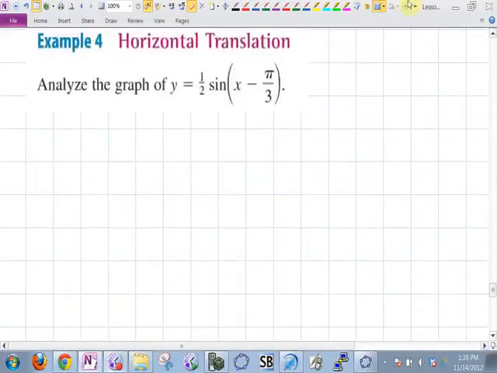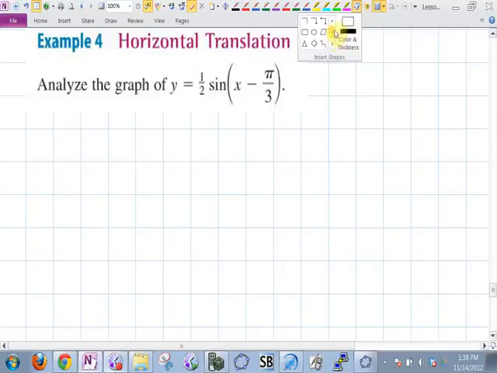How about this one? This is another example where the period and how much you're horizontally shifting it by don't quite line up, but that's okay because there's actually a way we can still manage it. Okay?